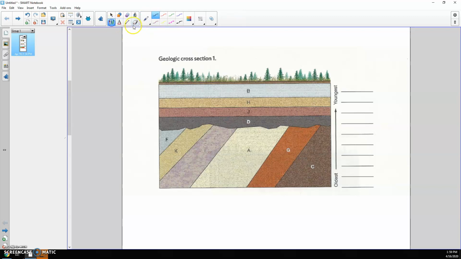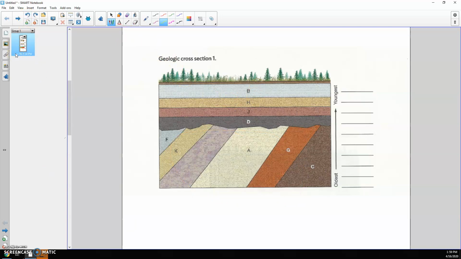There are two ideas we use. One is that rocks start flat, horizontal, and the oldest rocks are at the bottom. So these rocks down here are all generally going to be older than the ones up here.